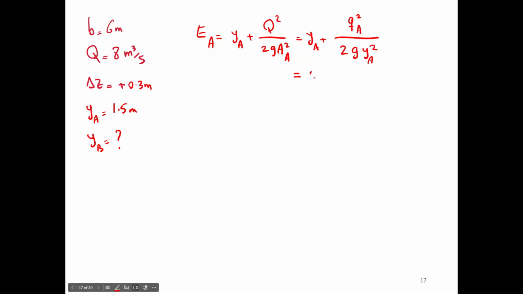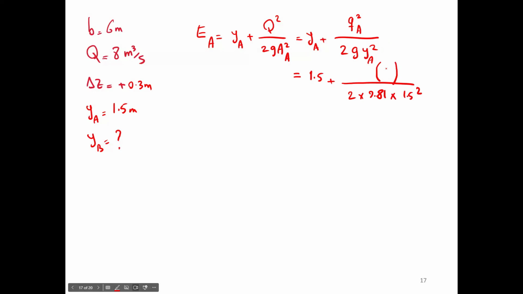I don't need you to do anything. I just need you to write the energy equation. I will start with point A. YA plus Q squared over 2gA squared at point A. Or YA plus q at point A over 2g YA squared, which I'm going to use, the second one: 1.5 plus, over 2 times 9.81, 1.5 squared.